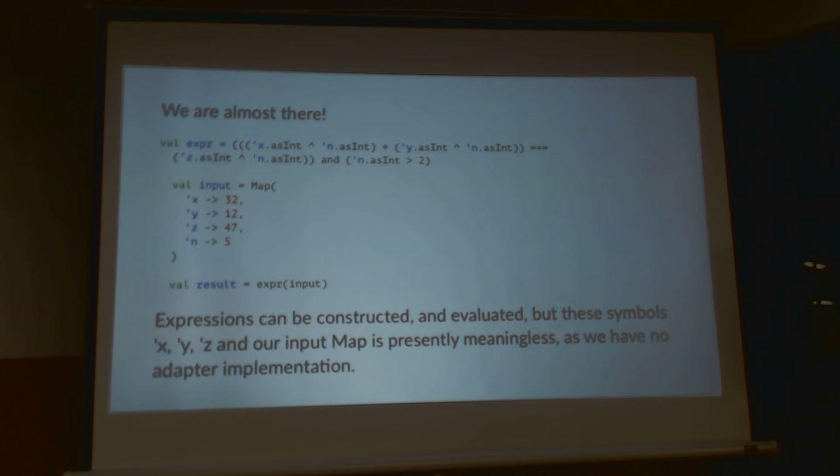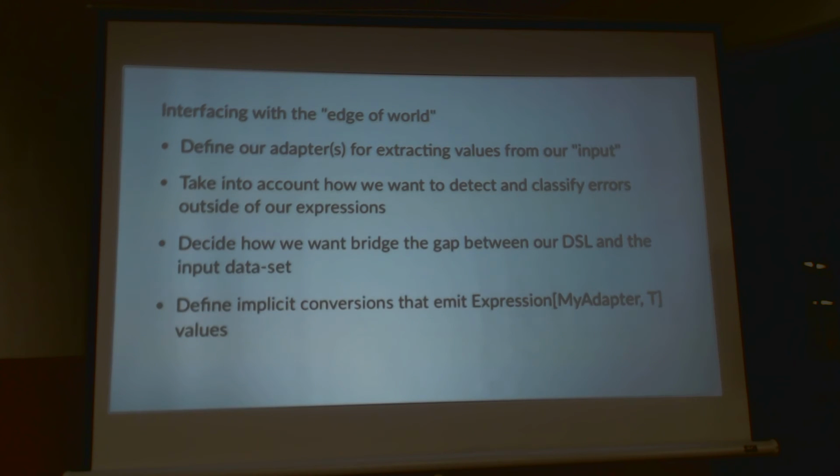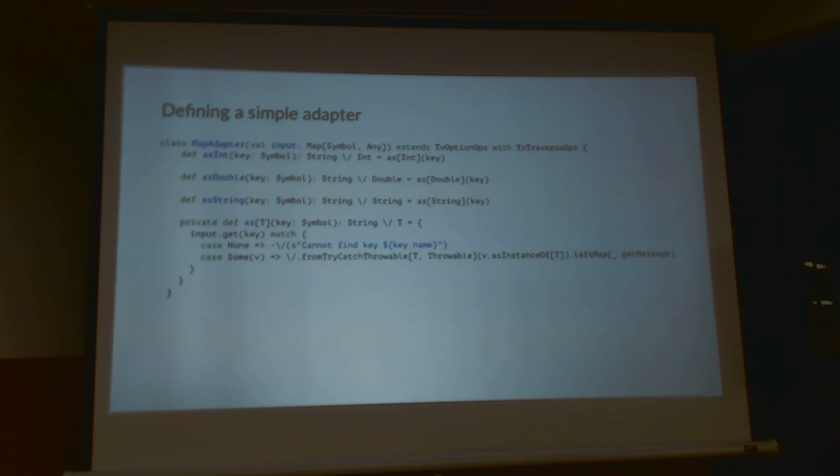Up to this point, everything is very purely functional and strongly typed. Now we're at the edge of our world where we have to interface with outside data. Of course, this is just a simple map, so the worst thing you'll see here is a map of a symbol to any. But there's a good explanation.